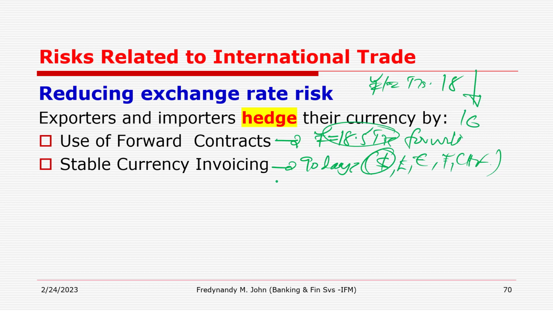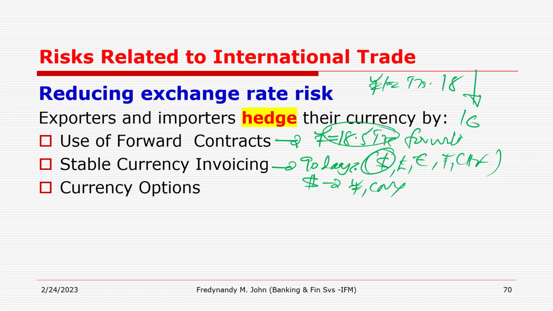Look at the Japanese car traders. Look at the Chinese exporters. Okay, they all give an invoice quoted in dollar. Why? They believe the dollar to be a stable currency if they compare it with the Japanese yen and the Chinese one. Okay, so please opt for stable currency invoicing.